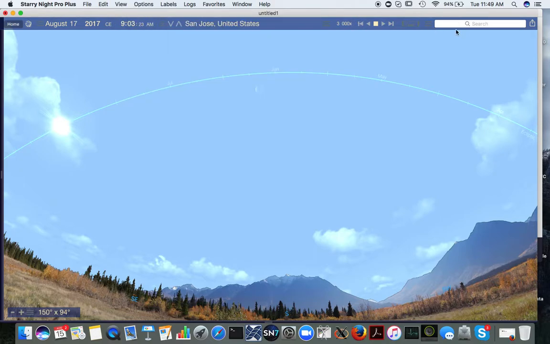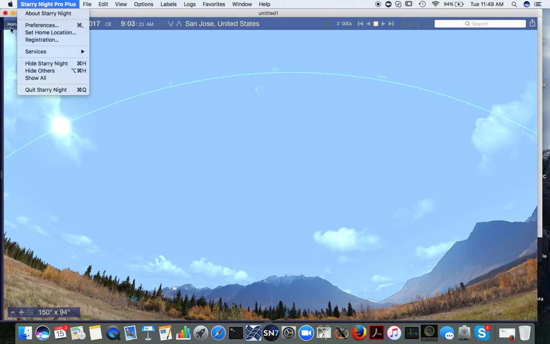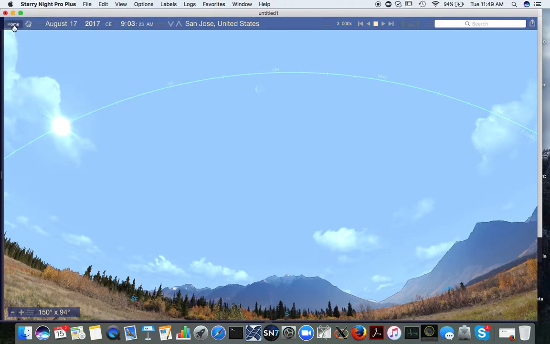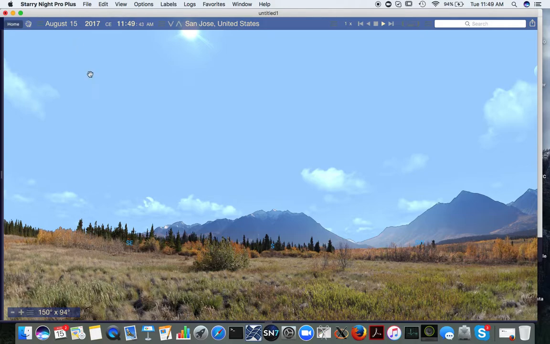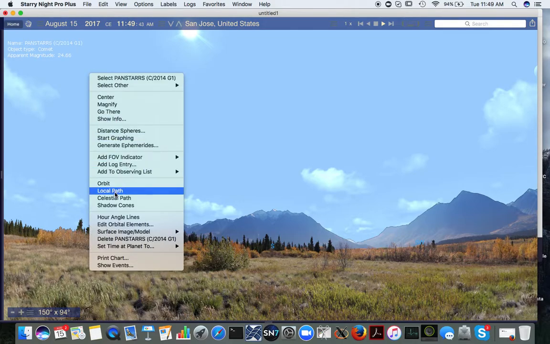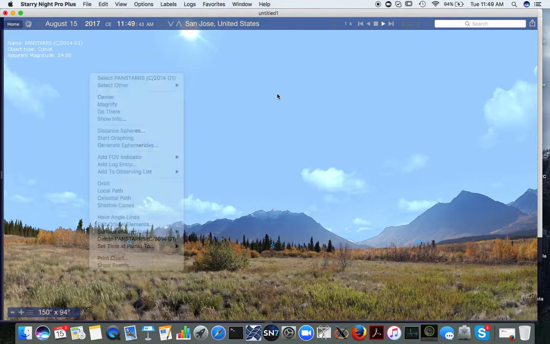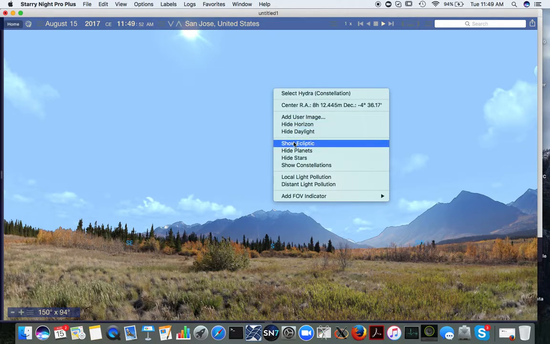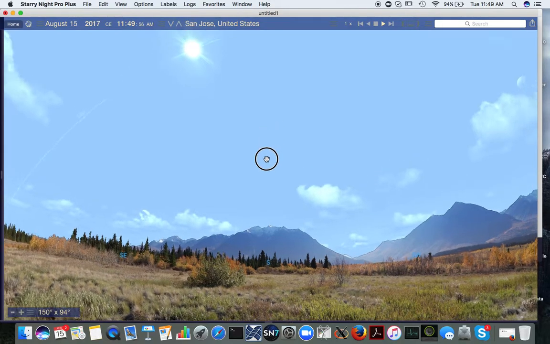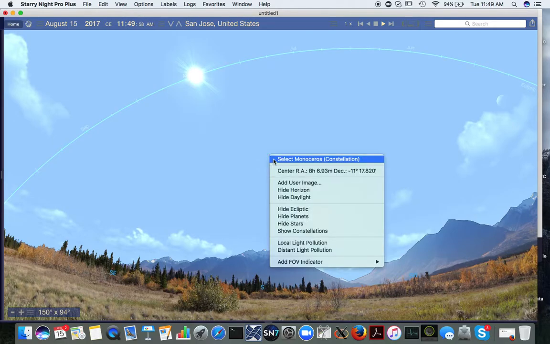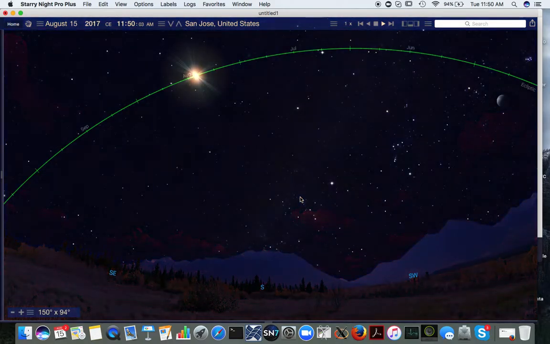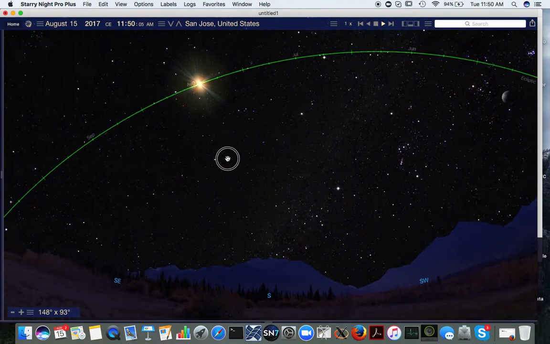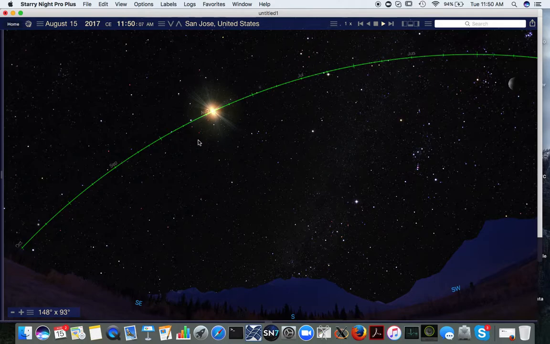Let me see if I can find it in an easy way. Just a second. This is the ecliptic. I will just get rid of daylight, and then the Sun is seen against a constellation here, the region of Leo.